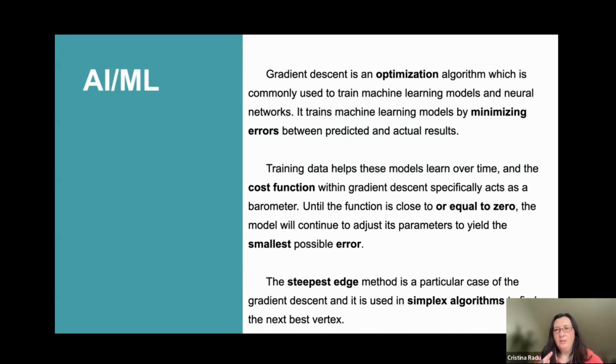Steepest means in which direction you have the biggest growth if you are maximizing, for example, and then you follow that path. So this is just to bring a bit of a connection. Not many people know that it's still optimization when we talk about AI and ML.